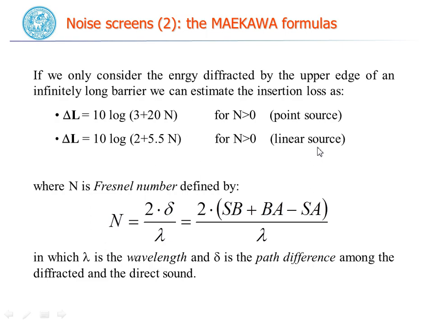It is the ratio between 2 times this delta and lambda. Delta is the path difference between the direct path and the diffracted path. And lambda is the wavelength.